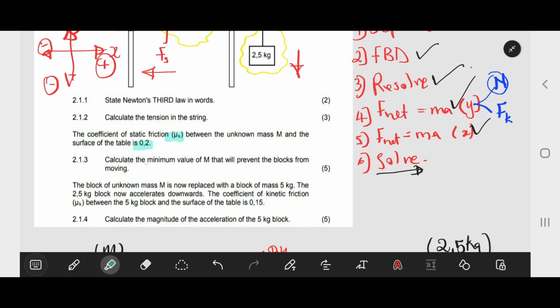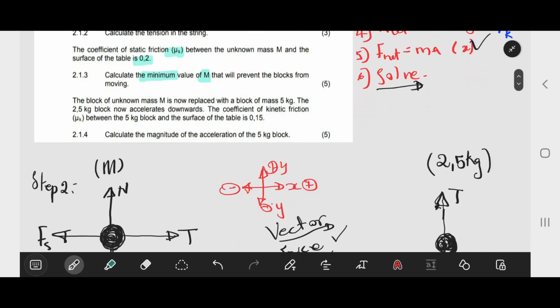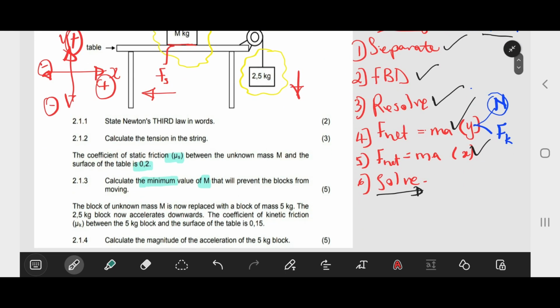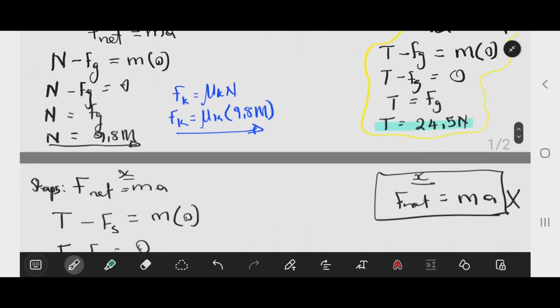So now they're giving us some extra information in the intermediate statement. So now they say calculate the minimum value of mass m that will prevent the blocks from moving. And I will explain later why they are saying the minimum. All right, so now they gave us the coefficient of static friction. Remember, when we perform our analysis, we have drawn our free body diagrams, we have resolved, and now let's go to the Fnet in the y direction.